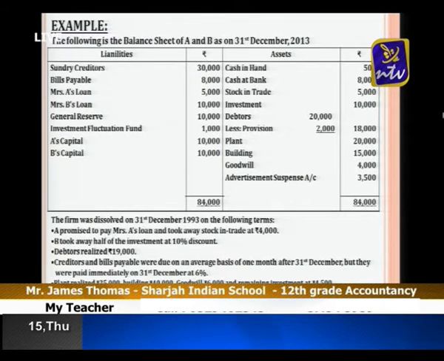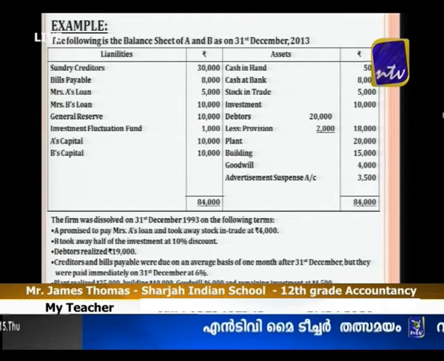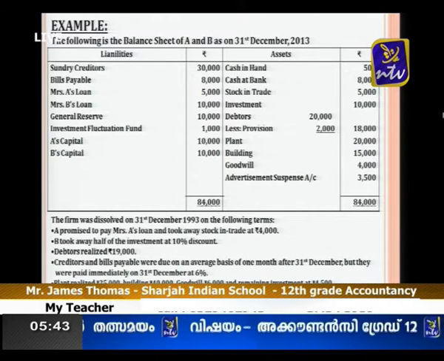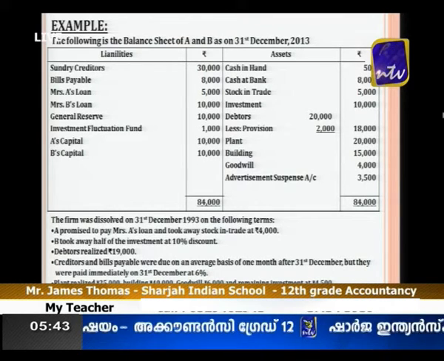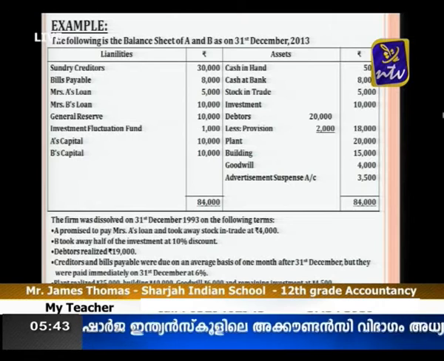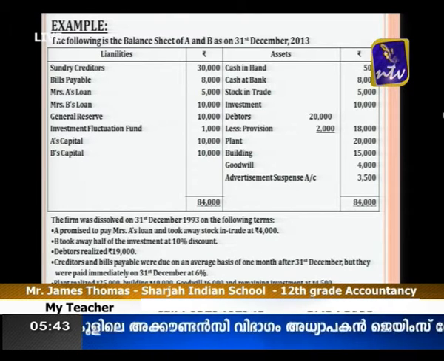The entry will be various liabilities accounts debit to realization account. Once again, the first entry is realization account debit to various assets, and the second entry is various liabilities account debit to realization account.